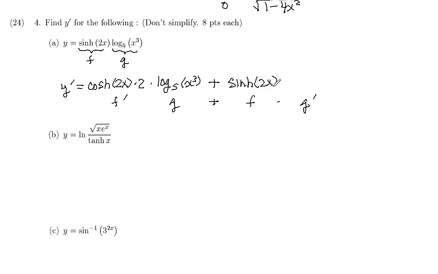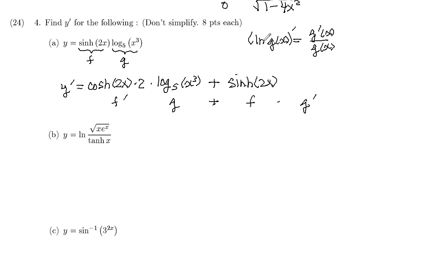And then g prime, the derivative of a log of a function. Remember, if you've got natural log of a function g of x, the derivative is 1 over g of x times the derivative of the inside function, so we get g prime of x over g of x.